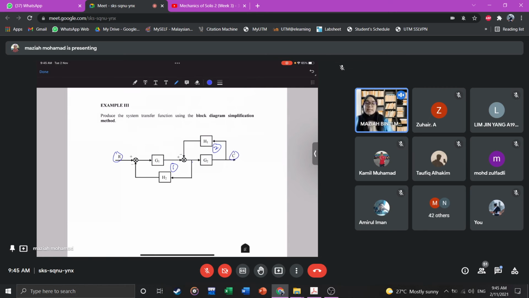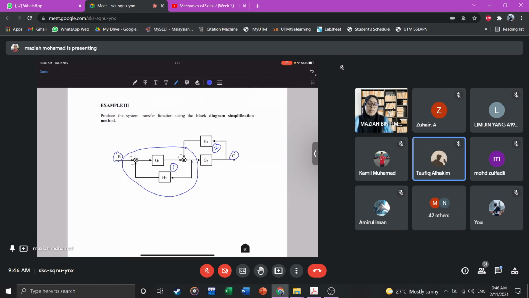Okay, now let's determine whether there is a summation point or pick-off point that prevents us from solving the problem. Okay, let's consider the first loop here. What is the element that disturbs the shape of the feedback loop?